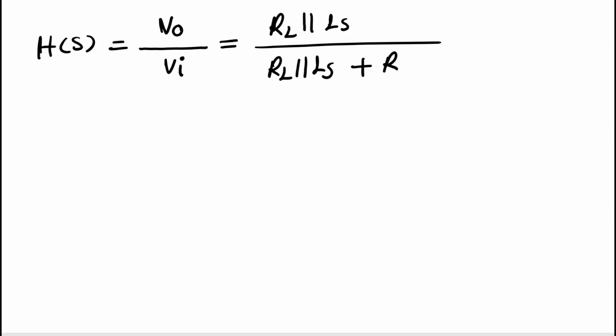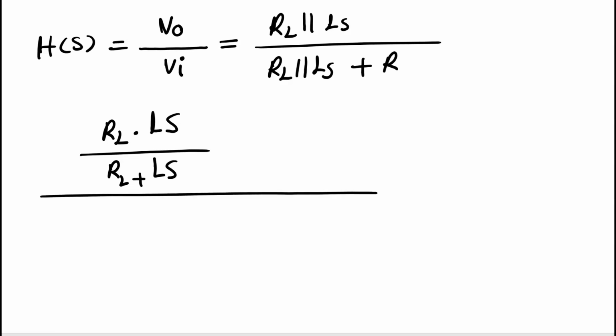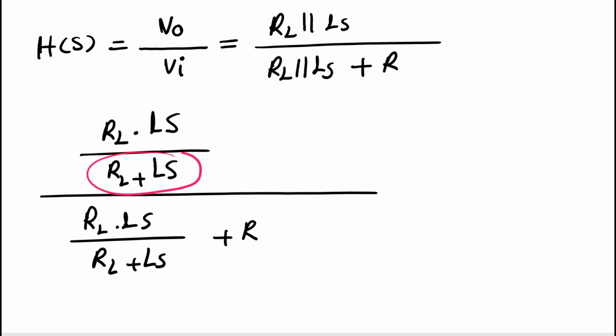So the parallel is going to be RL multiplied by LS divided by RL plus LS, and then I have RL multiplied by LS divided by RL plus LS plus R. Now what I'm going to do is multiply everything by this term.